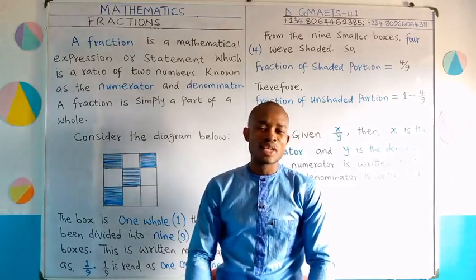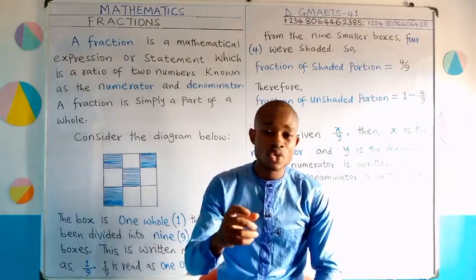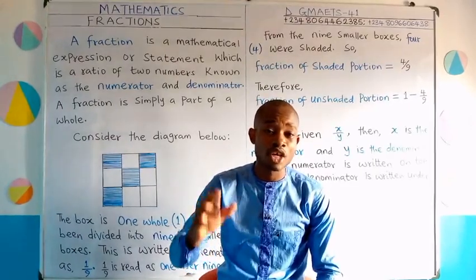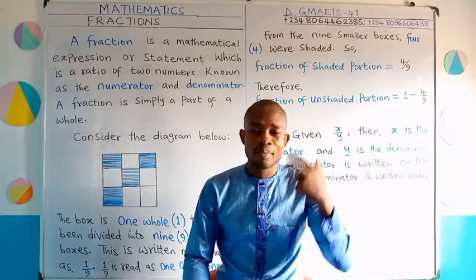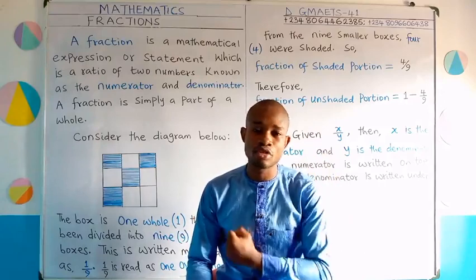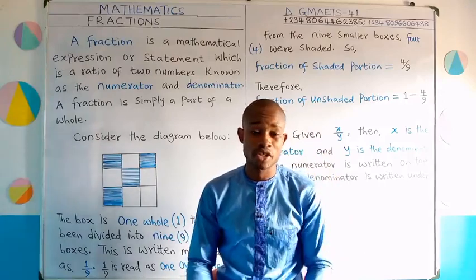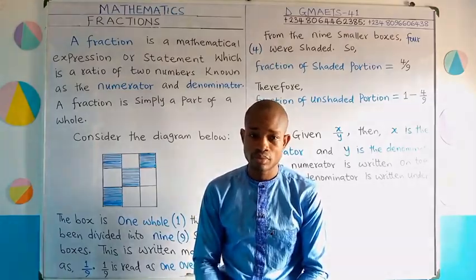Having said this, as we are moving into this topic, when it becomes necessary for us to use the knowledge of multiplication, I won't waste time there. Because from our past classes, I have urged you, encouraged you to make sure you learn your multiplication very well. So I want to believe you've actually done the needful.